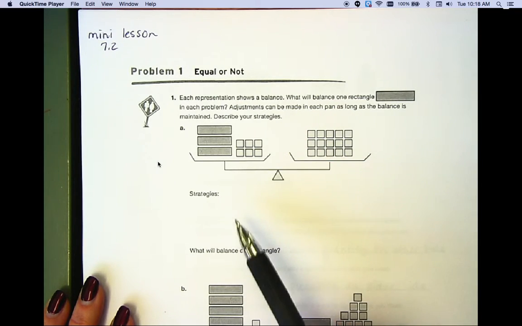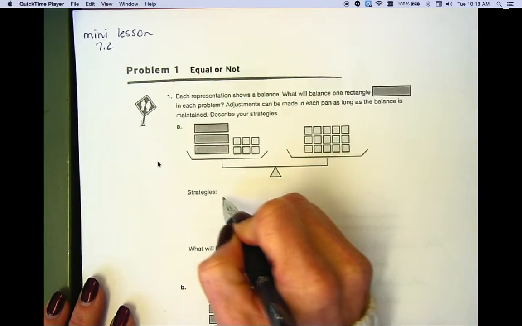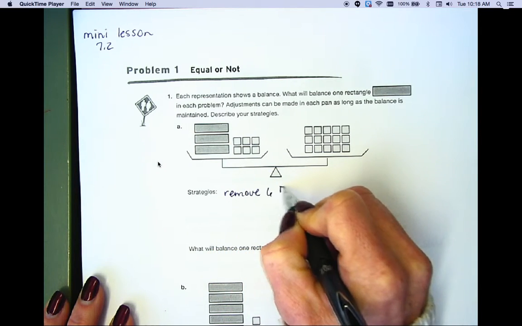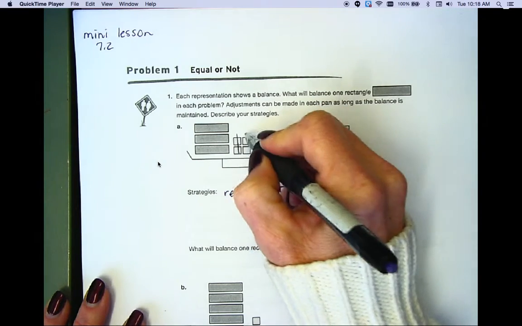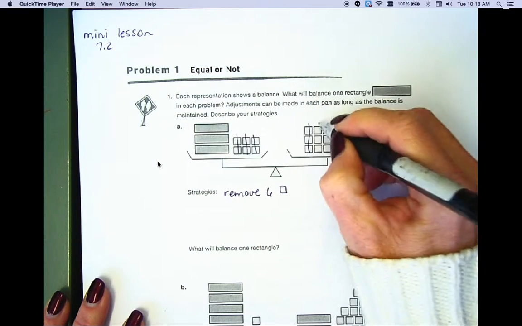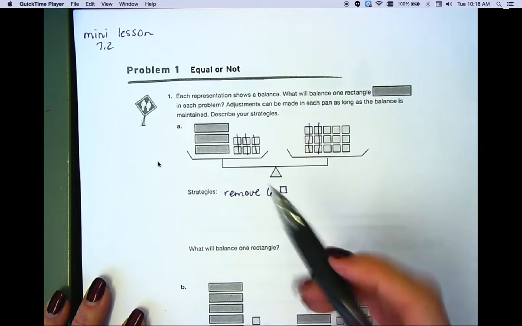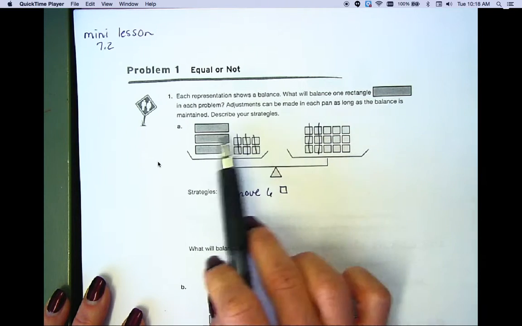Describe your strategy. So I think the first thing I'm going to look at is I could remove 6 of the little squares from each side to maintain balance. So if I take these 6 off and these 6 off, it would still maintain its balance. Now I want to know what one rectangle is. Well, I can match this up.